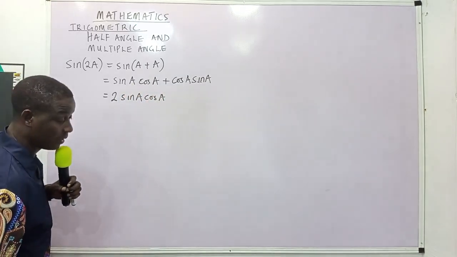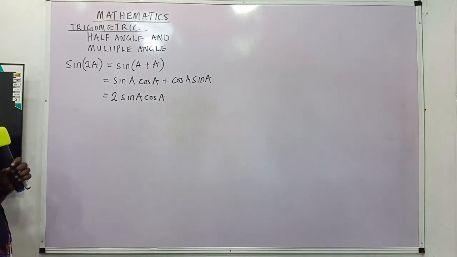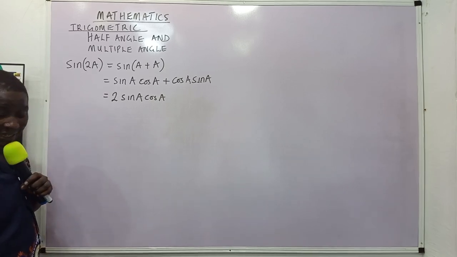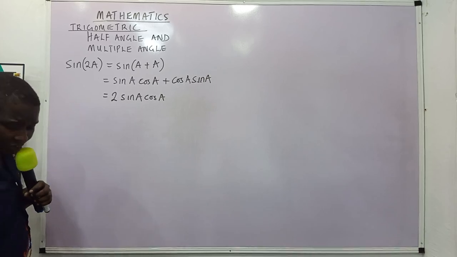You add them together to get your final answer. So in this case, sine 2A is equal to 2 sine A cos A.